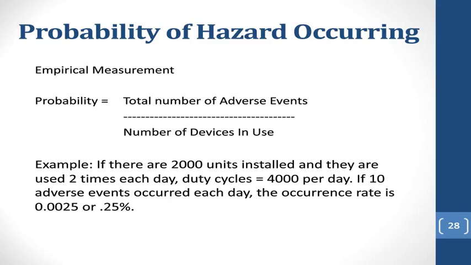But another way that you can find out installed devices is actually reviewing manufacturers' risk files, because, as I said, once the product's been out there, most of the complaint investigations that a manufacturer would undertake, one of the first things they look at is how many of these devices are out there and what is the rate of adverse event occurrences.